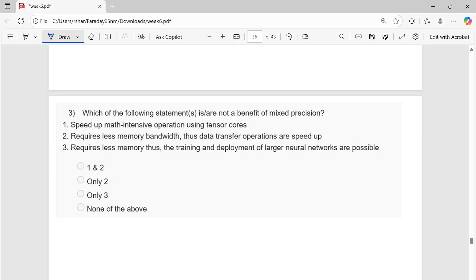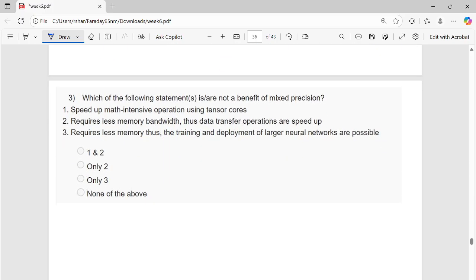So next question, which of the following statements is or are not a benefit of mixed precision?